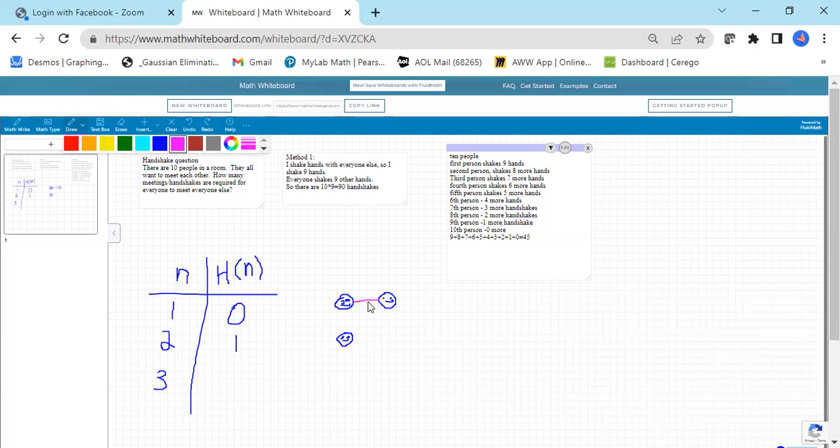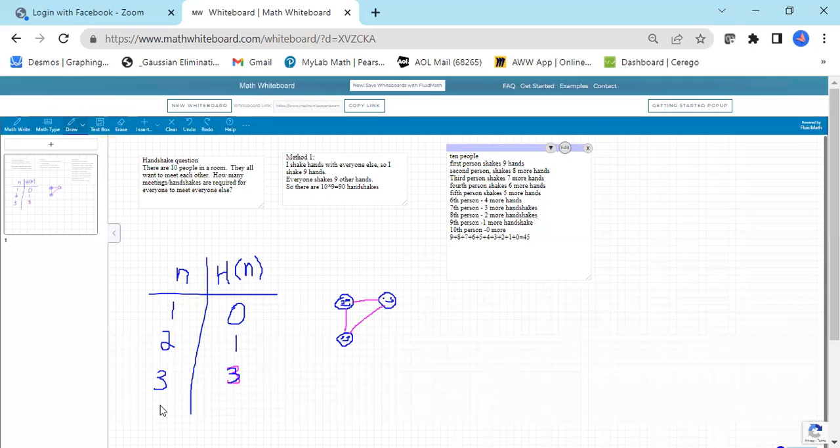We've got that 1 handshake right there, right? So that's 1, but now you shake hands with this one, and you shake hands with that one. So with the third person, we now have a total of 3 handshakes.